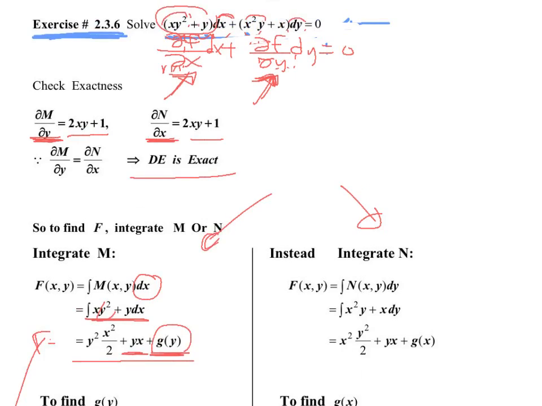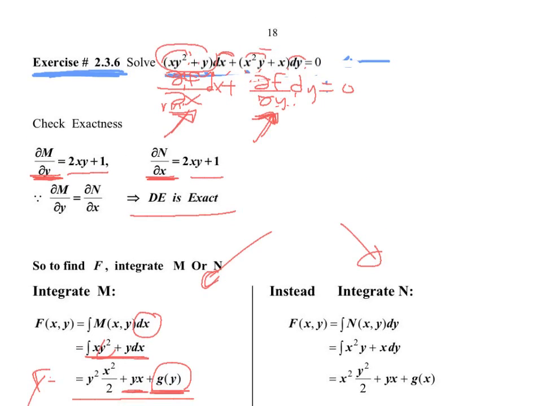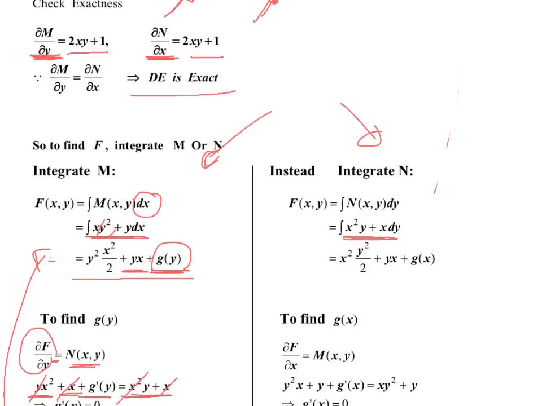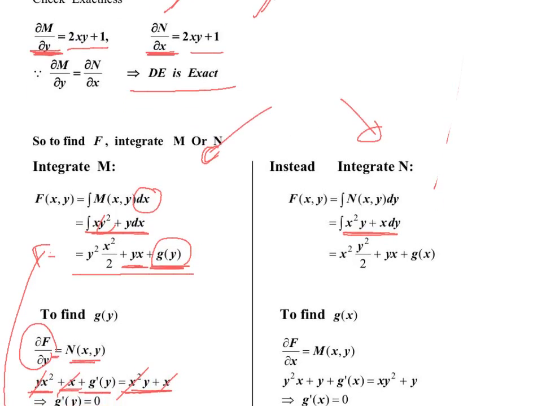And instead of that, you could integrate n. If you integrate n, it's the same thing, but when you integrate n with respect to y, dy, x is constant, so you don't say plus constant, you say plus g of x. So when it's dy, you say plus g of x.